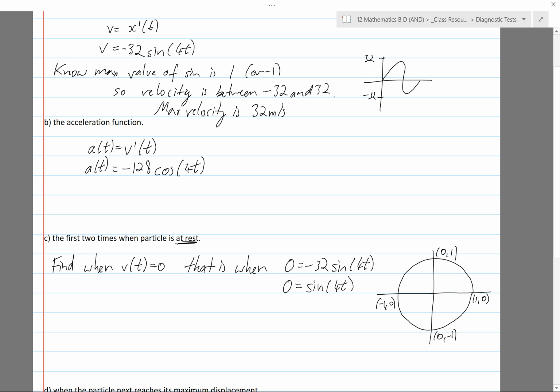The furthest away it gets from the origin is at 8 or minus 8. So I can substitute in 8 or minus 8 in here and find t.